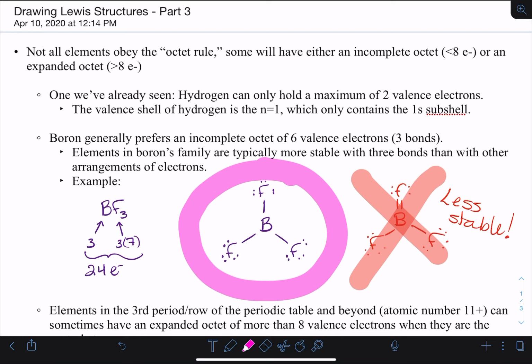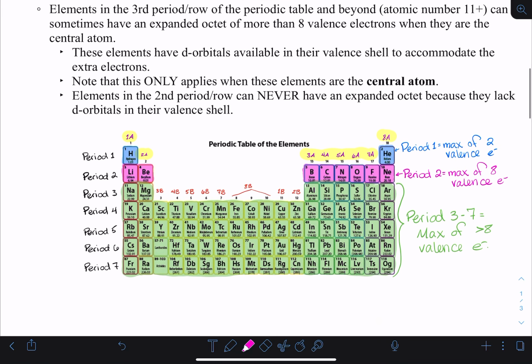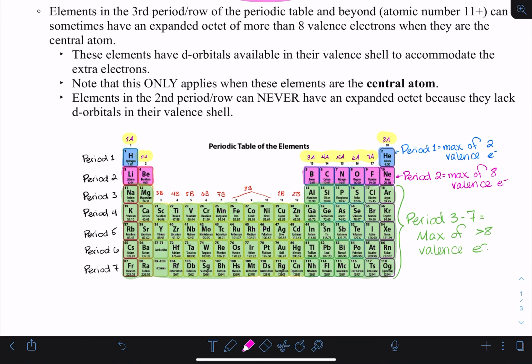We can also go in the other direction and have elements with more than 8 valence electrons. Not all atoms are capable of this. For hydrogen, the maximum it can hold is 2 because it's in the first shell, which means the s subshell is all that's available to it. In period 2, we have the s subshell and the p subshell, which gives us a maximum of 8 electrons.